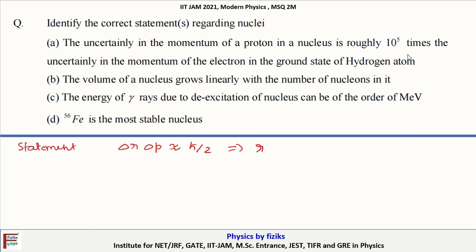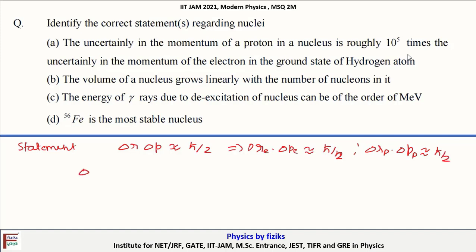So delta R of E into delta P of E would be of the order of h cross by 2, and similarly delta R of P into delta P of P is also of the order of h cross by 2.